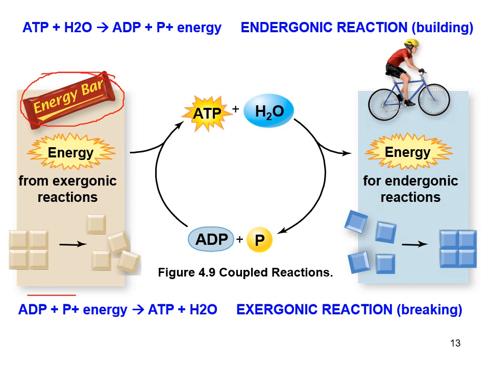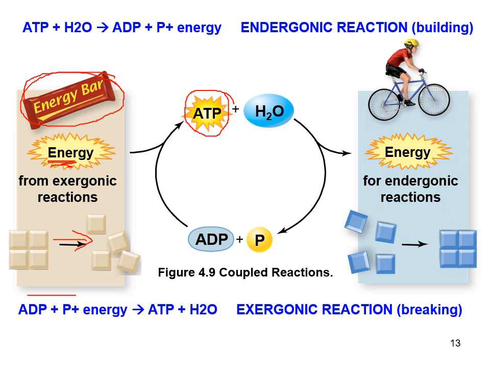Your digestive system knows that this energy bar is full of energy, so it will do an exergonic reaction. It will break the bar down from polymer to monomer, and as it breaks down, it hydrolyzes the food. The energy that was being held between the bonds is released and converted by the cells into ATP. Thank you, mitochondria.